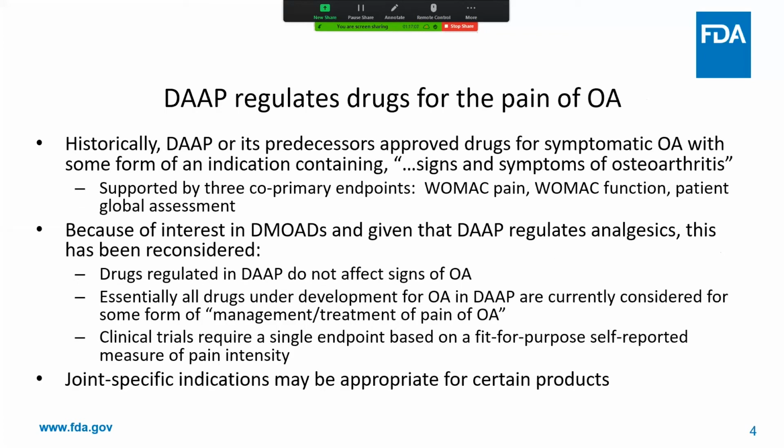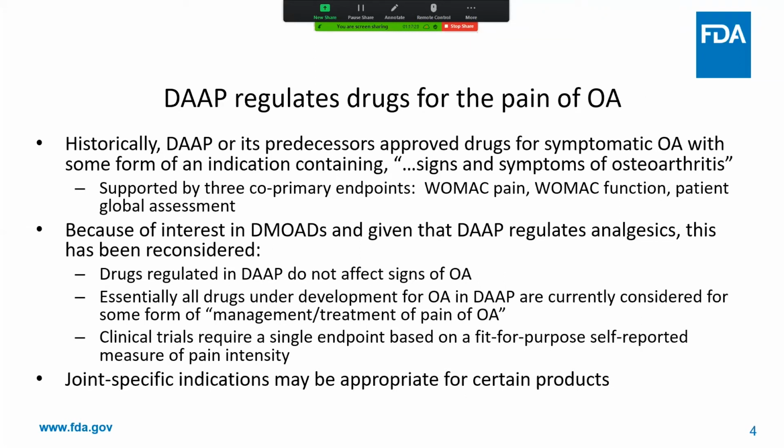As I stated before, pertinent to this workshop, DAP's area of authority is drugs and therapeutic biologics to ameliorate the pain of OA. Historically, for many years, DAP or its predecessor accepted an indication that included the concept of the signs and symptoms of osteoarthritis.